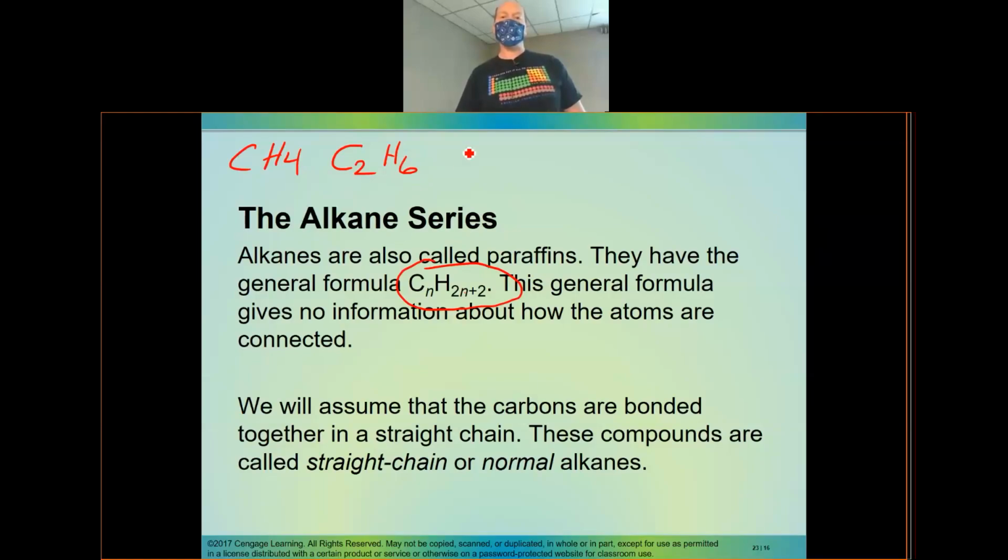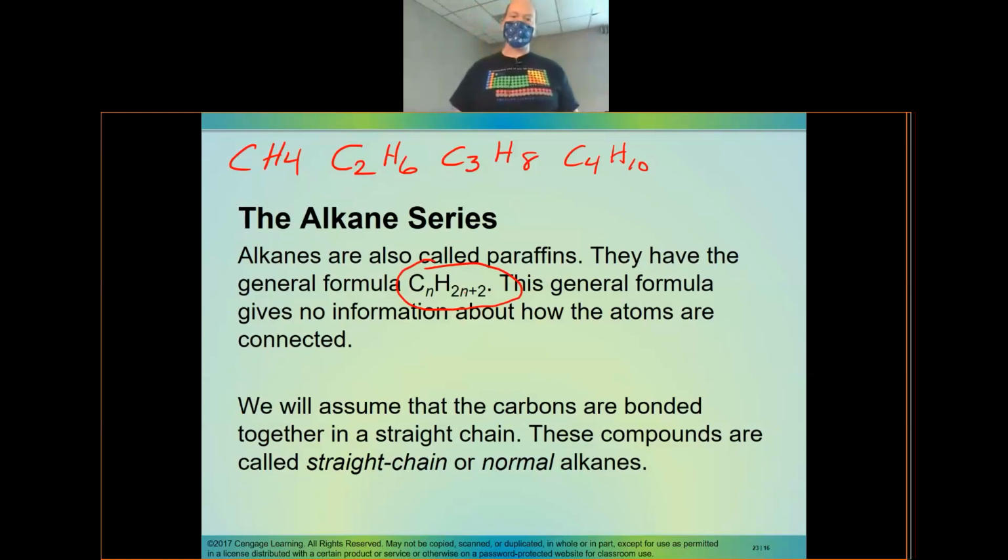We put in C3 and we get H8. Every time we put in another carbon, we put in another 2 hydrogens. So it keeps going up by CH2. So then you would have C4H10 next, and then C5H12. Every time you increase a carbon, you increase the hydrogens by 2.